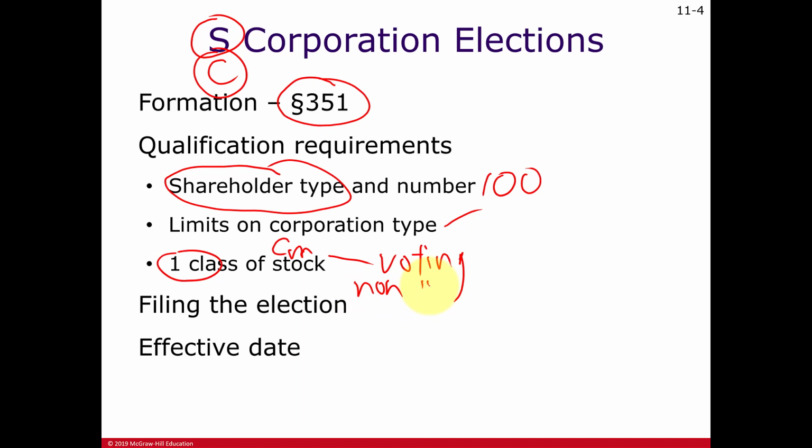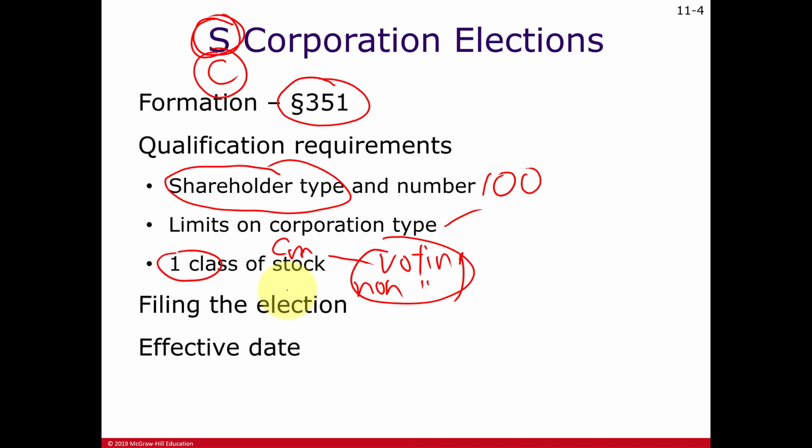So typically, if you want to keep your stock within the family, but you don't want to give those young kids a voice in the management, then maybe you want to give those people non-voting shares. Voting and non-voting shareholders can elect to be an S type. Maybe that's the only thing non-voting shareholders can do. They can elect with the others to be an S type or remain a C type corporation.